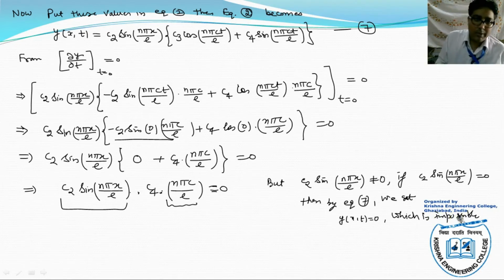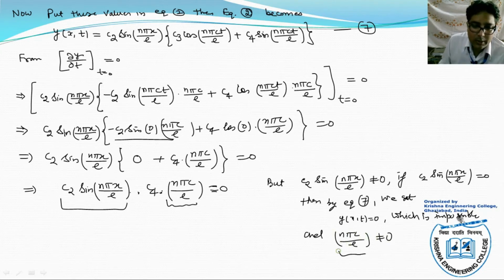So this term will never be equal to 0. Clear? Again, this term is constant, and n pi C by L will never be 0 because it is a totally constant term. So there is only one possibility here: C4 is equal to 0.